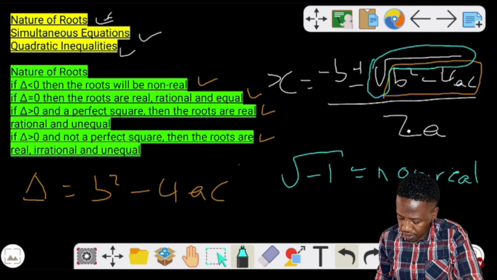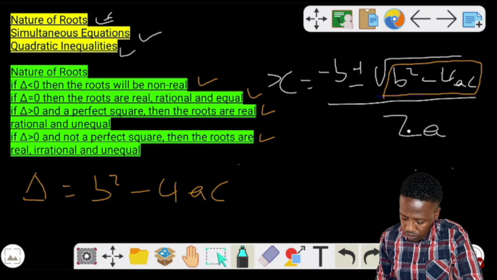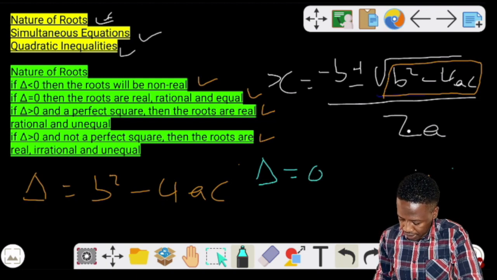And let's say now your discriminant equals 0. Again, it should be under a root, which is 0, right? Then the roots are real, rational, and equal.